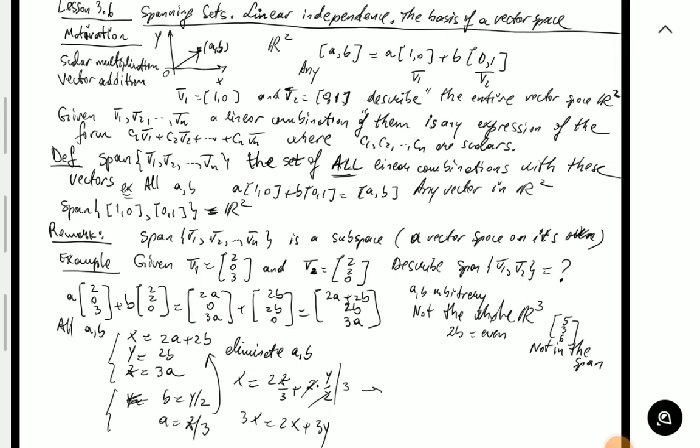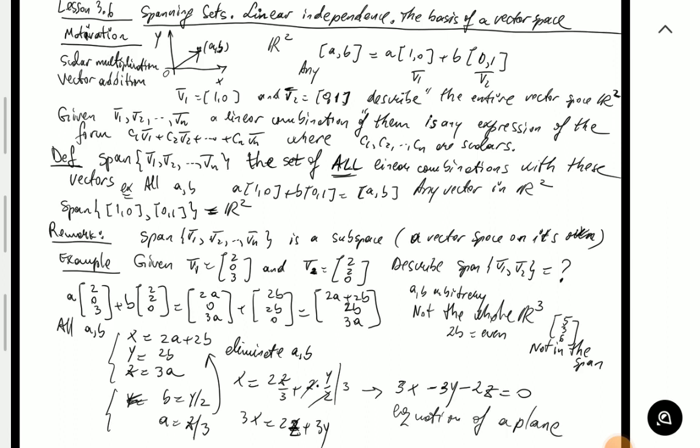And those of you who took calculus 3, or excuse me, 2z here, who took calculus 3 might recognize that if I write everything on one side of the equation, 3x minus 3y minus 2z equals 0, you should recognize this as an example of the equation of a plane, right?